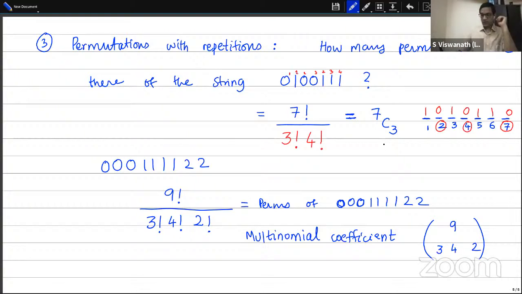The C notation is not particularly conducive to multinomials. That works nicely only when you have 2 things. N choose R, nCr, is okay. But for multinomial coefficients, the standard notation is to use the other one with brackets. So 7 choose 3 is written like this, and 9 choose 3, 4, 2 is written in this way.